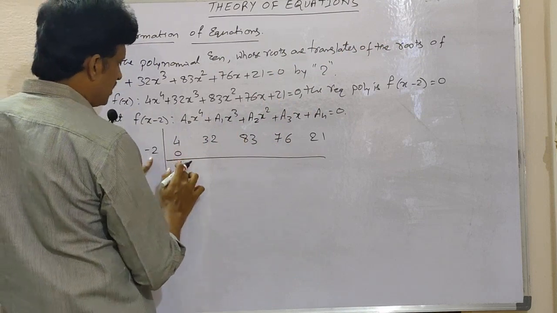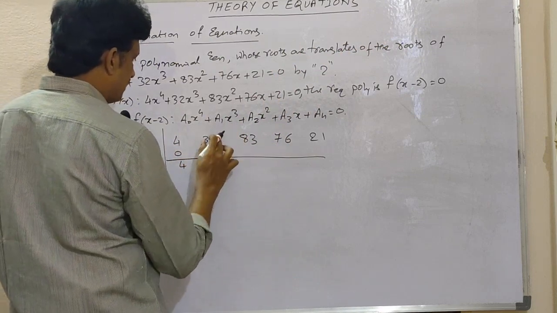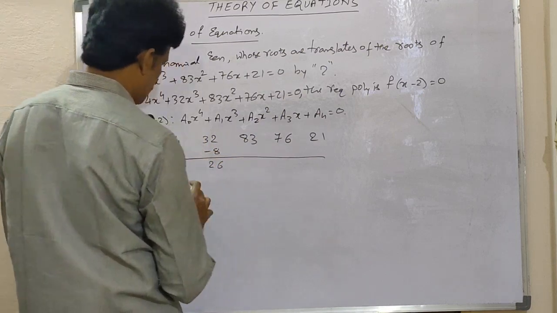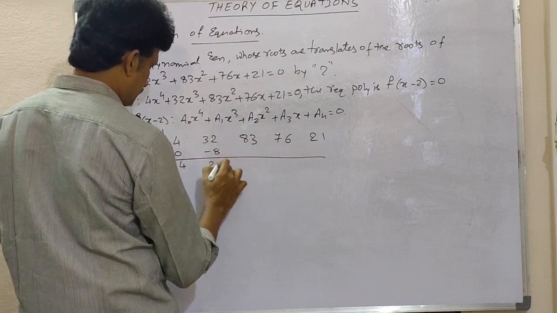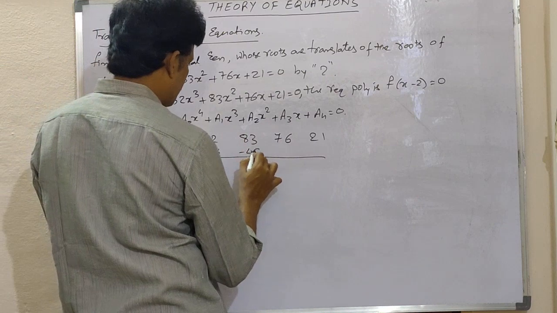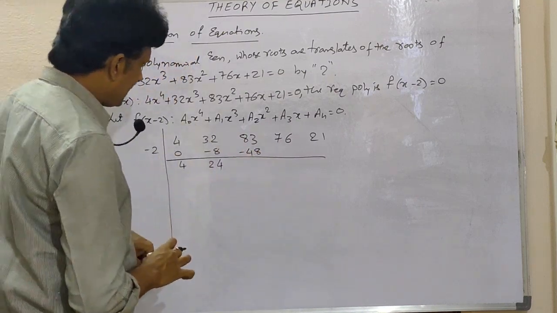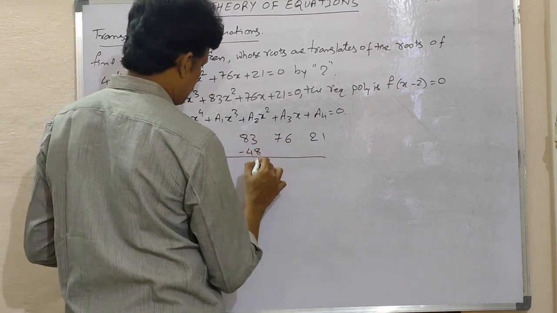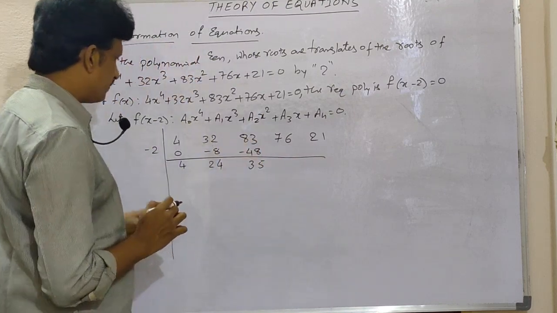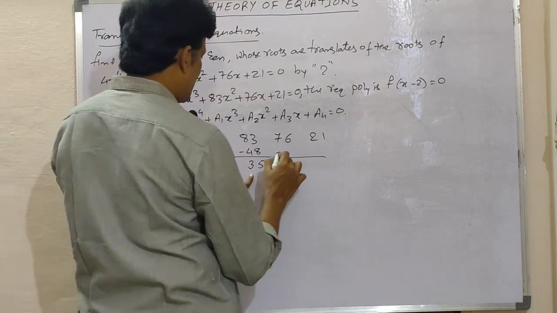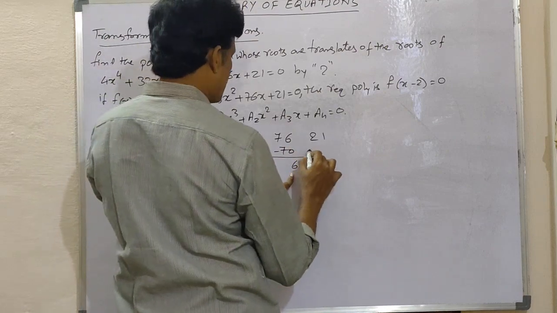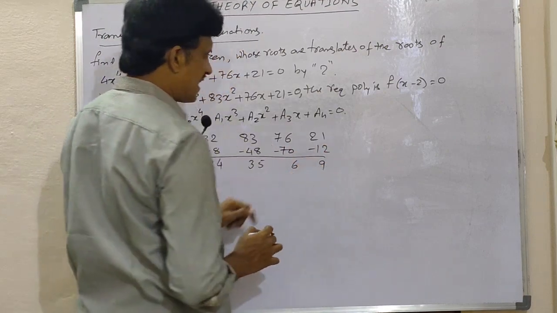Minus 2 into 4, that is minus 8. 32 minus 8, that is 24. Now minus 2 into 24, that is minus 48. Now 83 minus 48, 35. Minus 2 into 35 is minus 70. So this is 6. Minus 2 into 6 is minus 12. So that is 9.